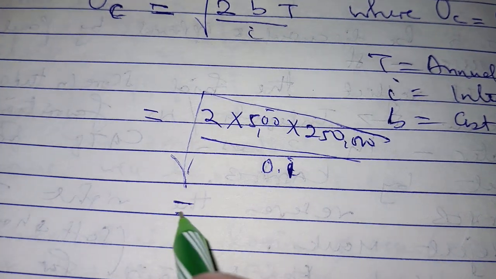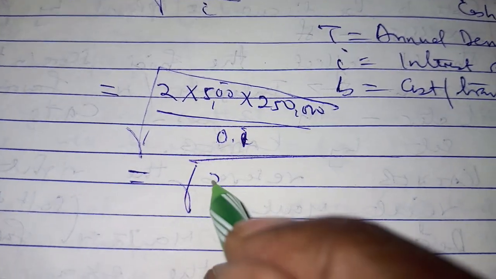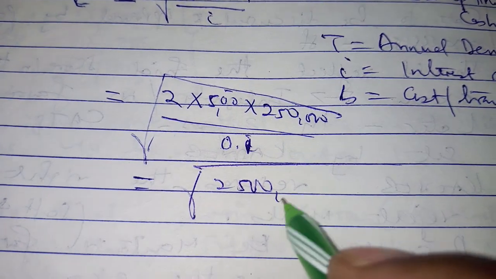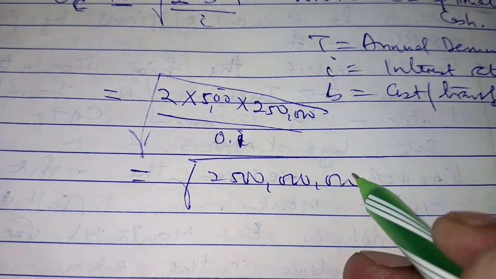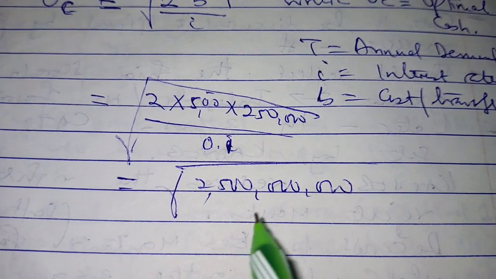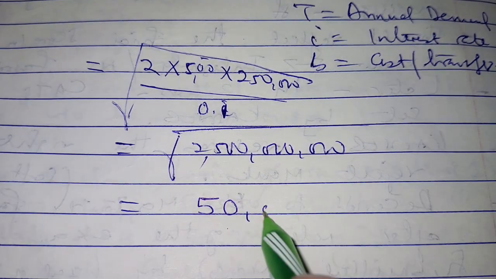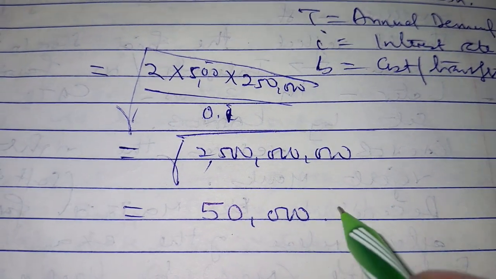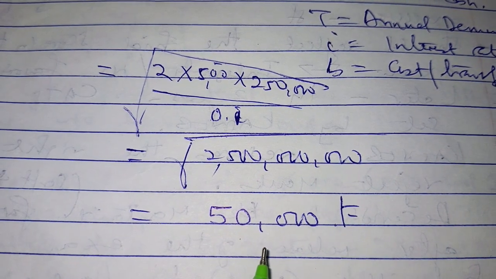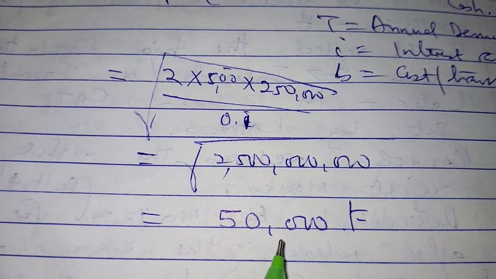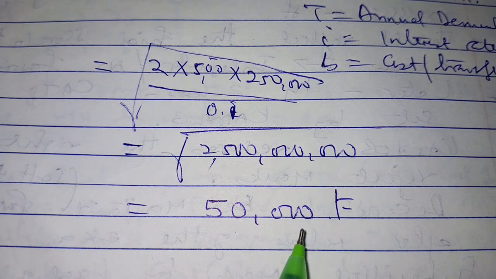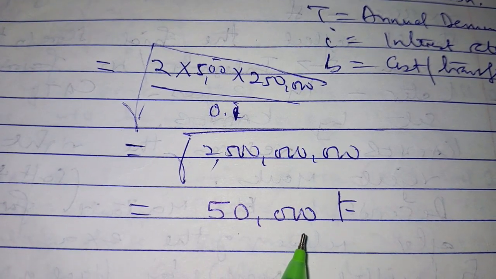This will give you the square root of 250,000,000, and this is 50,000 shillings as a cash transfer. That will be the optimal cash transferred every time we make a transfer.